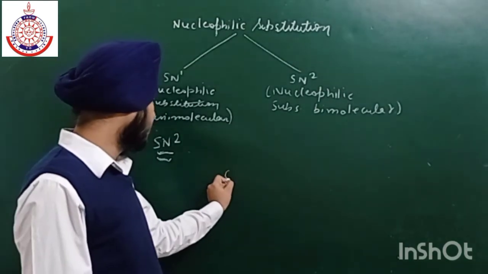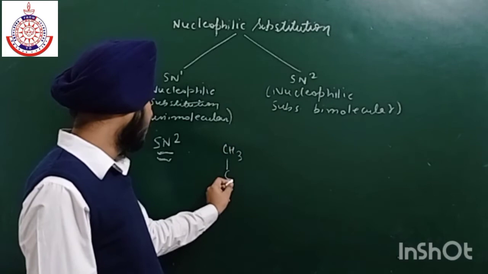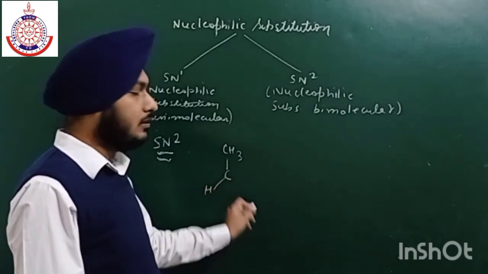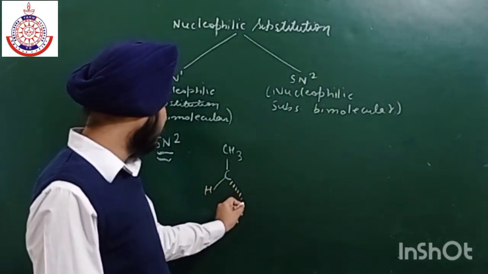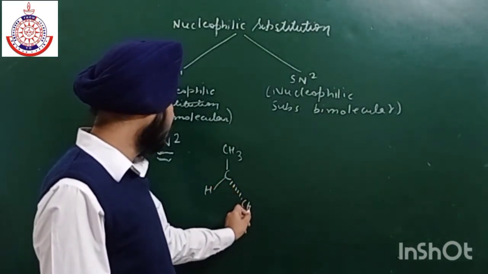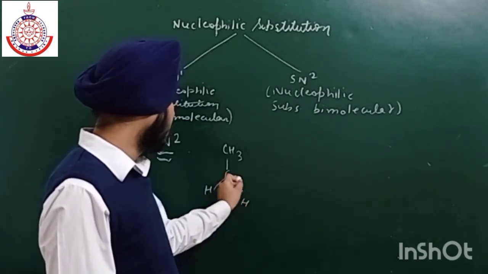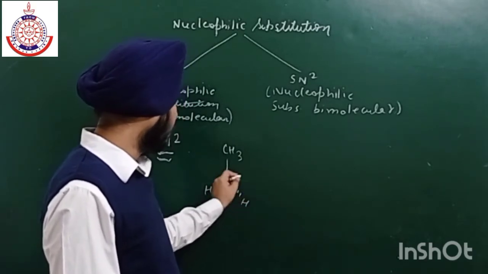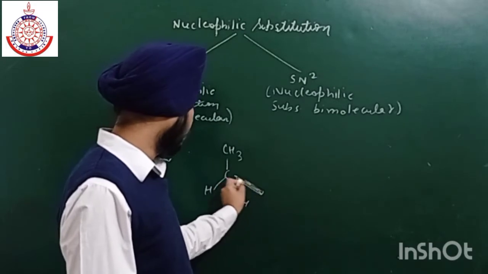For example, this is our substrate: CH3, hydrogen, and then another CH3. Sorry, we have a hydrogen over here and Br, bromine, over here.